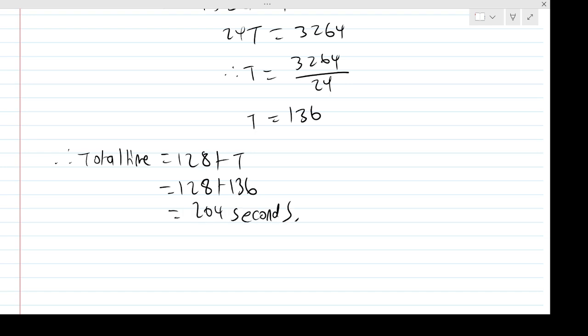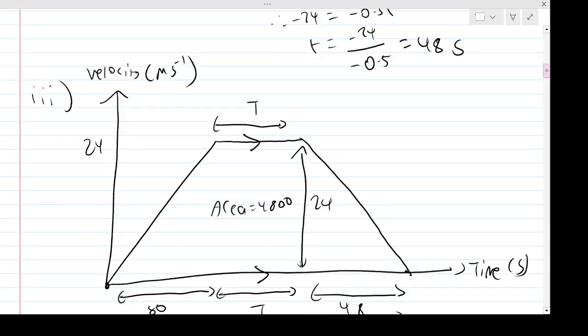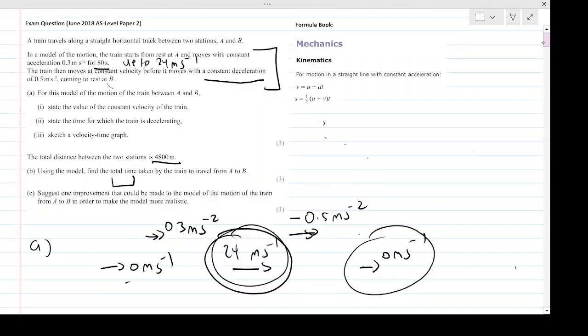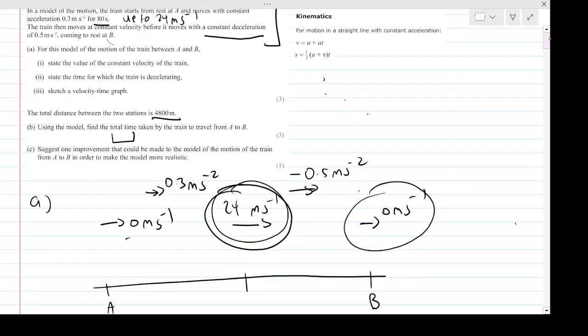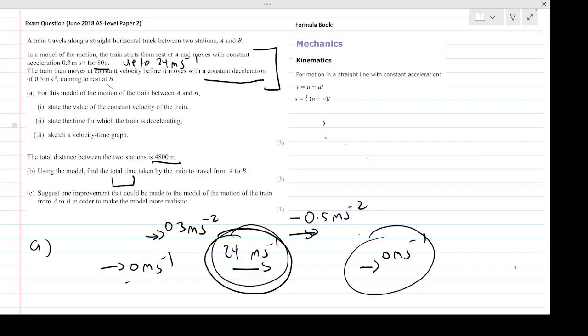And that is my answer. It can be quite a confusing question, but it's a nice question. It brings everything together that we've done so far in a way.